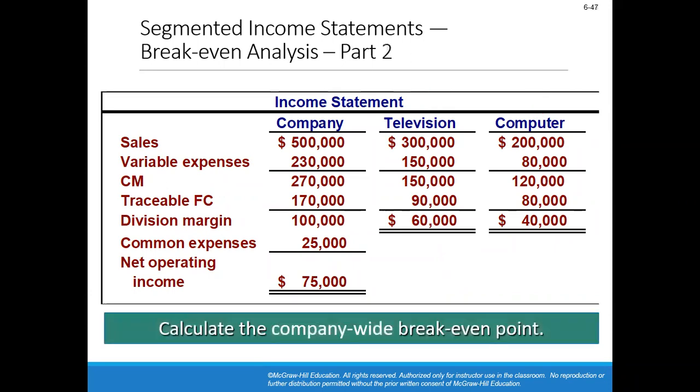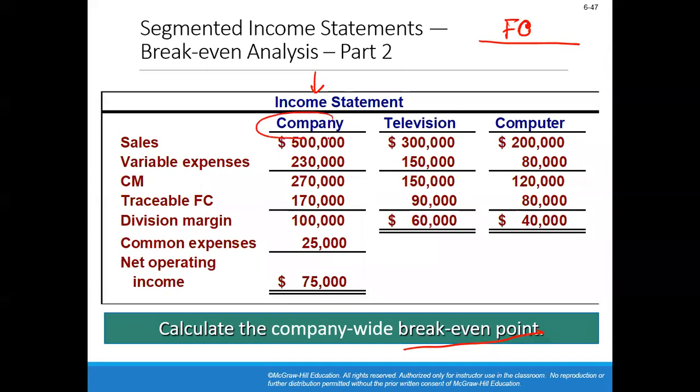Then we'll also see how we can get the break-even point for the company. First of all, let's look at the company, then we'll see the television and the computer segment step by step. Now, if I ask you to get the break-even point for Weber Incorporation, which cost will be part of the fixed cost?